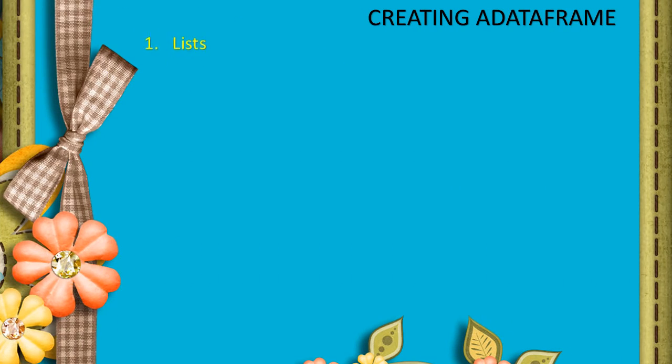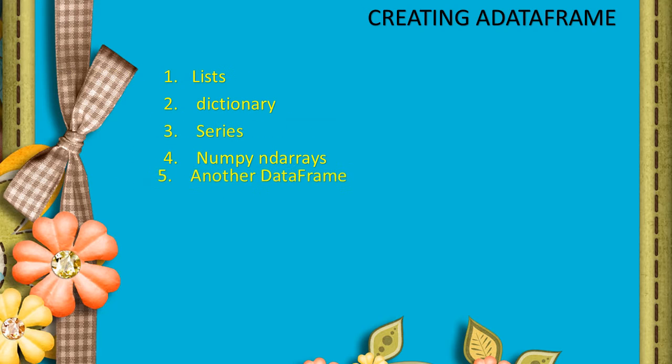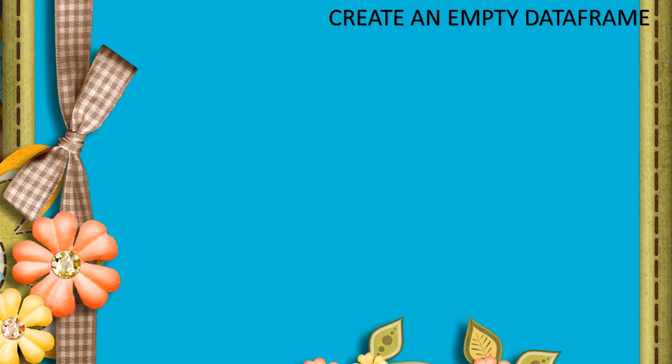Let's see how to create the data frame using the following: list, dictionary, series, numpy array, and another data frame. Using these 5 ways we can create the pandas data frame object. Now, how to create an empty data frame.